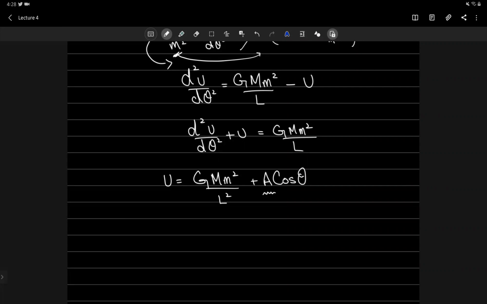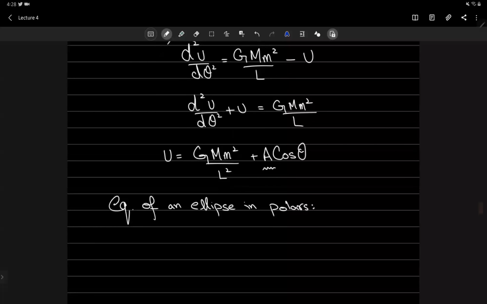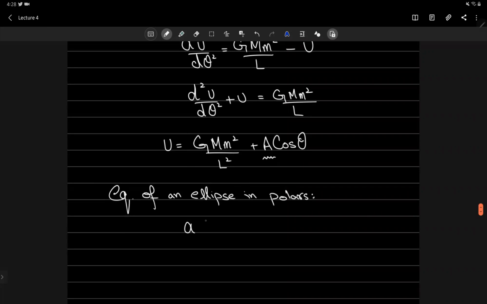Now here is the catch: our equation is that of an ellipse in polar coordinates. So let me write this down. Equation of an ellipse in polar coordinates: in polars, it is a times 1 minus e squared over r, and it is equal to 1 plus e cos theta.